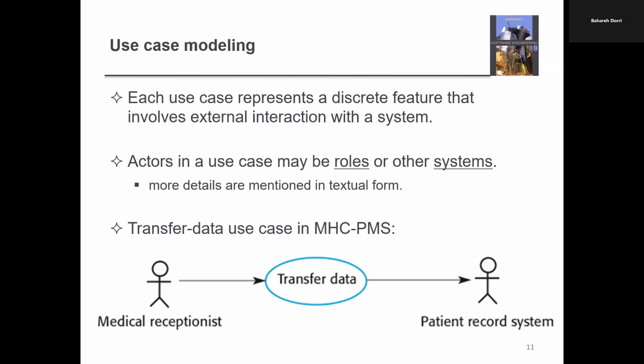In the context of MHCPMS, a common use case might be something like transfer data, which could involve sending patient reports to another hospital, exporting files for backup, or reporting statistics to a national health database. We will walk through that example in more detail in the next slide.